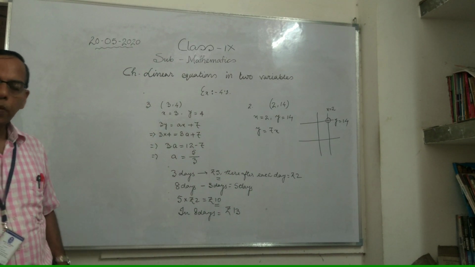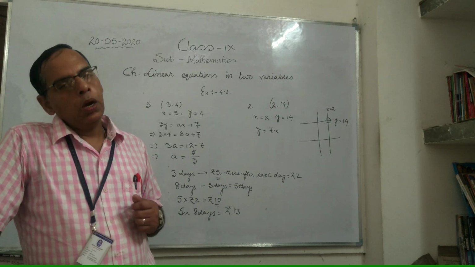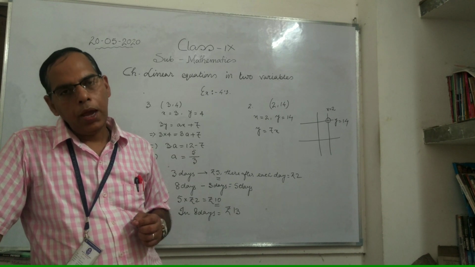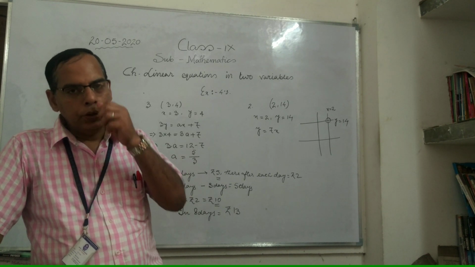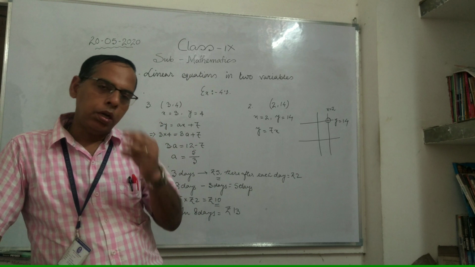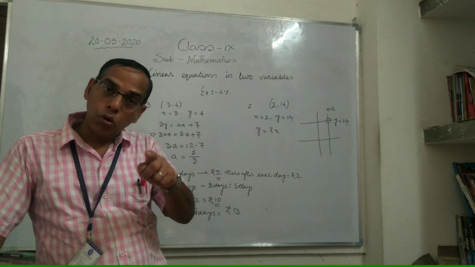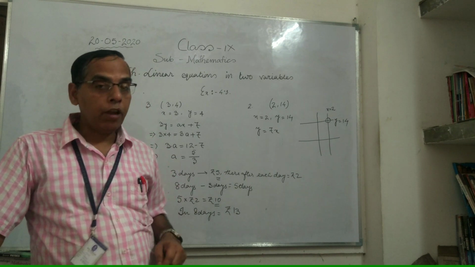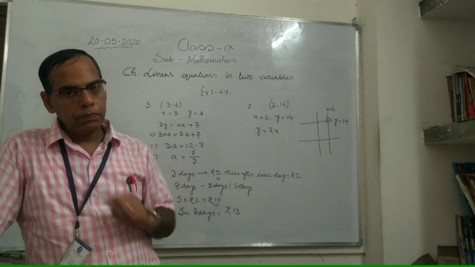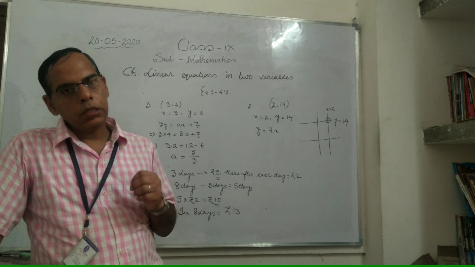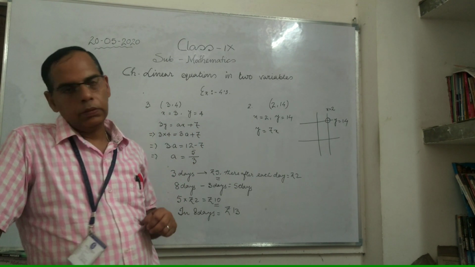Clear? Once again, from a library you are hiring a book, on a condition that you can take the book for 3 days, and for 3 days you have to give ₹5. Even if you return the book on the second day, you still have to pay ₹5. That is fixed. And if you are not returning after 3 days, each day you have to pay ₹2.